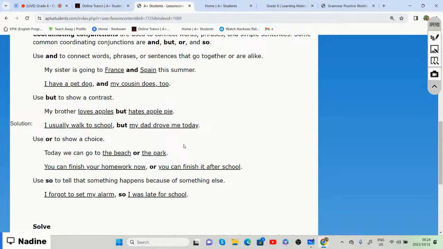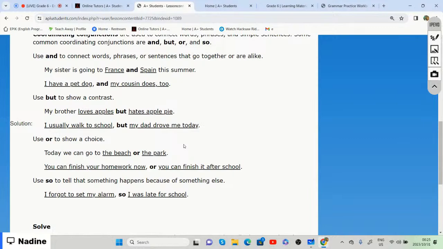And then we can use the word "but." We use "but" to show contrast. If we look at the tutorial, it says my brother loves apples but hates apple pie.